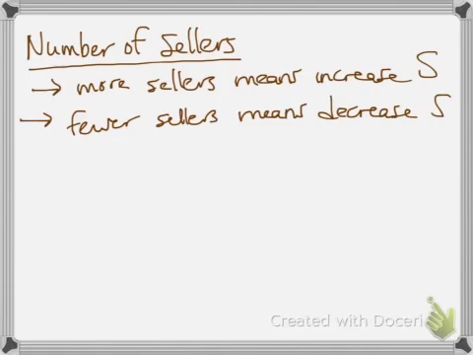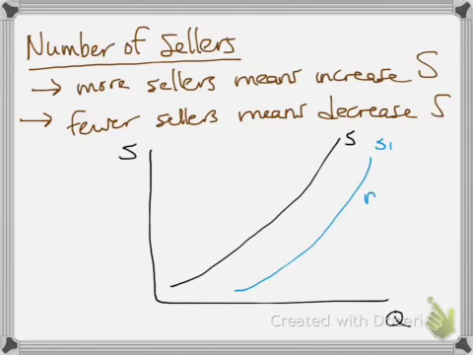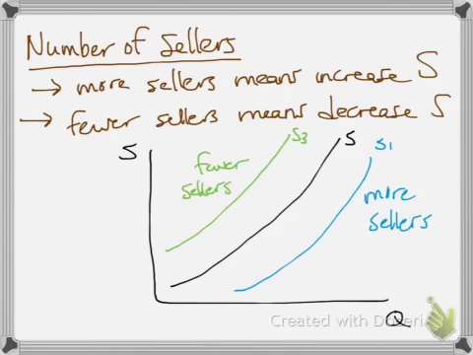We're going to revisit this particular factor when we start to talk about cost structure and how firms decide how many units to bring, because the number of sellers can change. We're just not at a point to discover why the number of sellers may change. But it seems pretty clear. If we have more sellers, we sell more. Supply curve would shift from S to S1 out to the right. And if we have fewer sellers, the overall supply would decrease, shift left inward, S to S3.